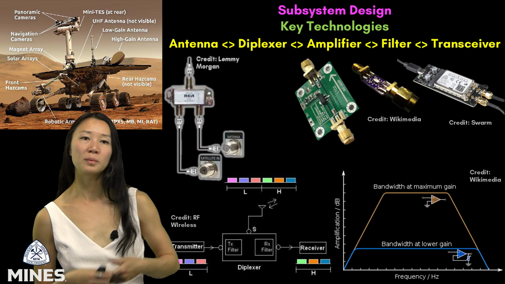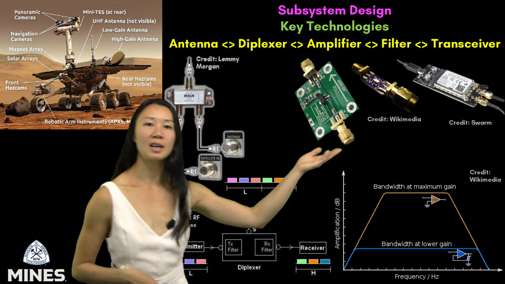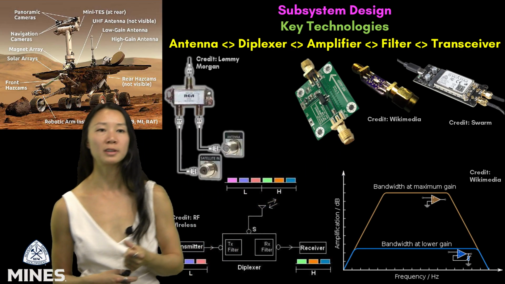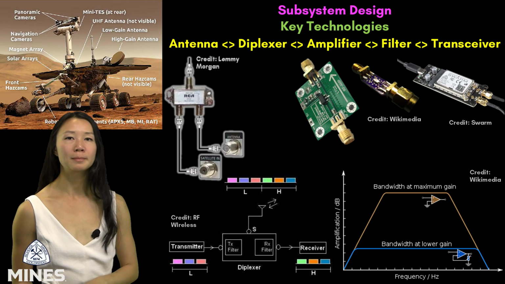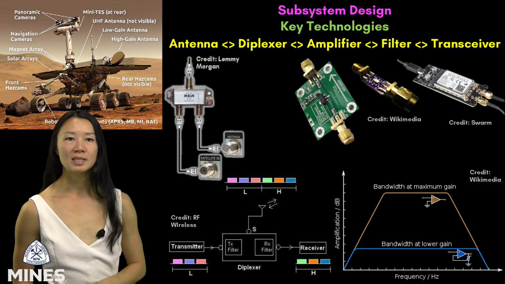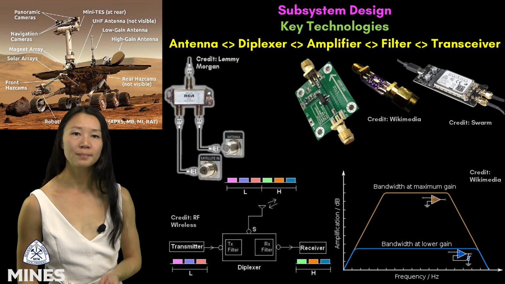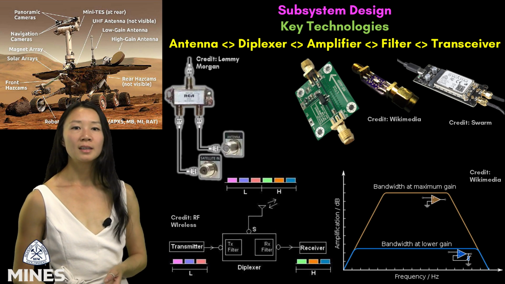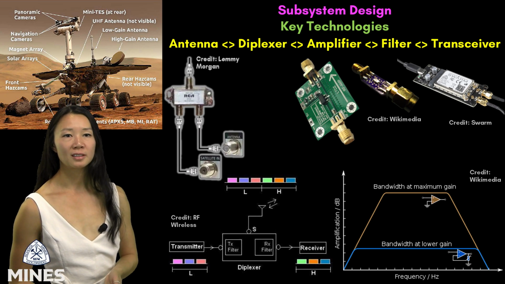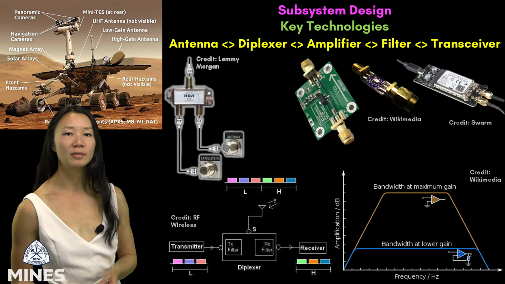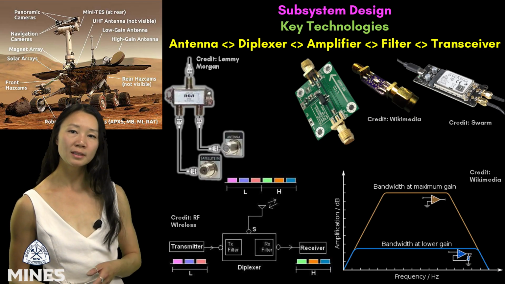Next in the chain, we have amplifiers and filters, which often work in tandem. The small green and purple circuit boards in the middle of the slide give you a glimpse of what some of these components might physically look like. Amplifiers are essential for boosting signal strength. When selecting an amplifier, we consider its bandwidth and gain.